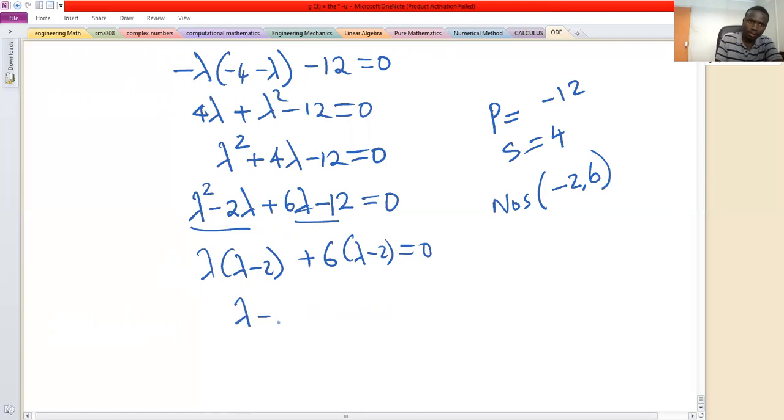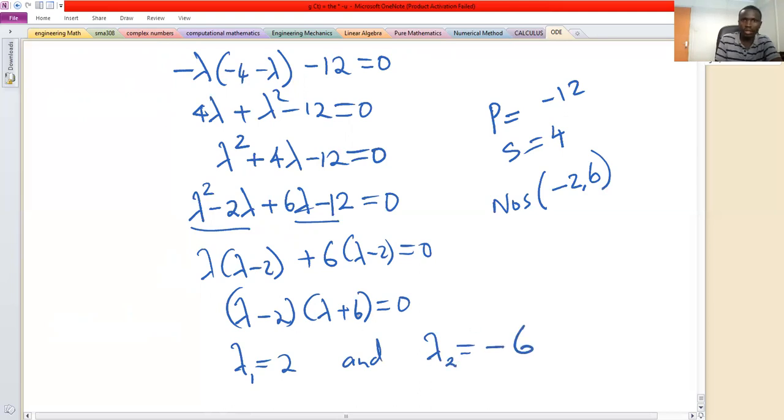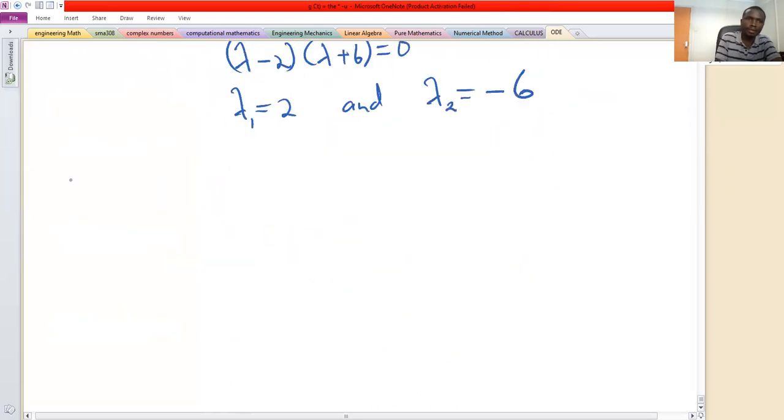So (lambda minus 2)(lambda plus 6) equals 0. So lambda equals 2. I can say lambda 1 equals 2 and lambda 2 equals minus 6, solving these two equations.